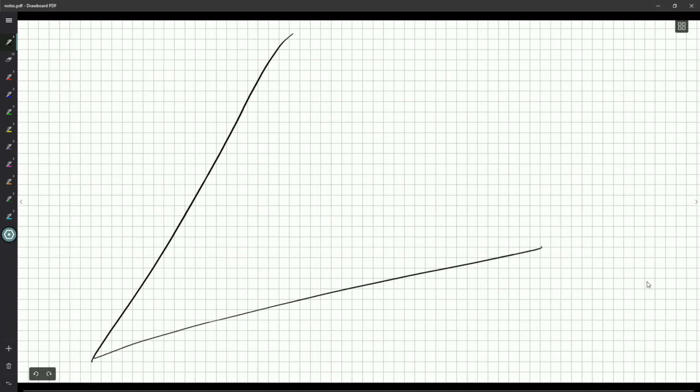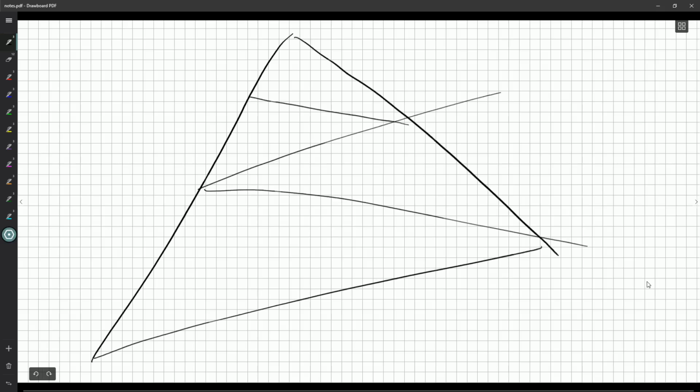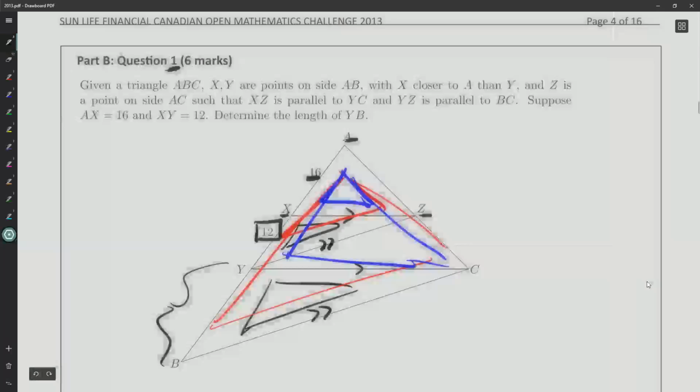Let's draw a copy of this picture. Z, X, Y, B, C, A. I think that's our picture.